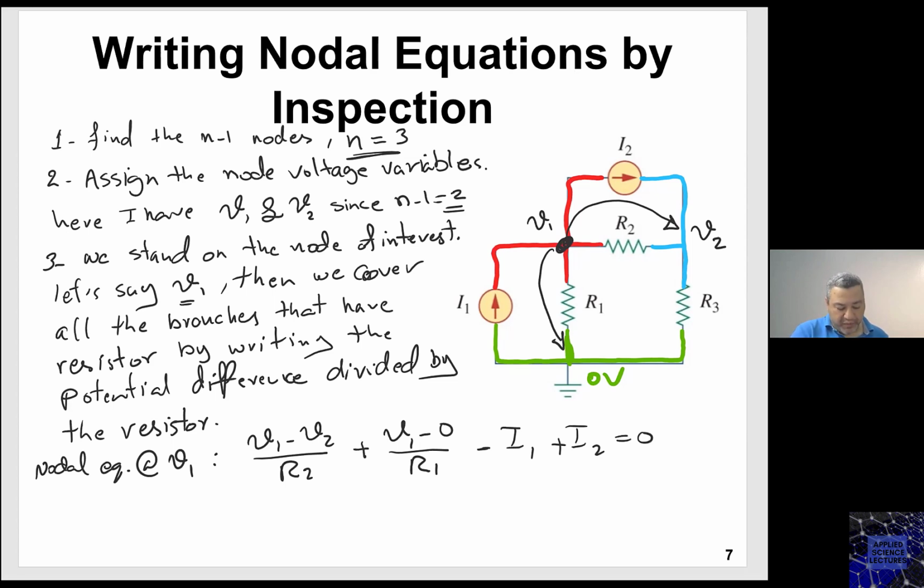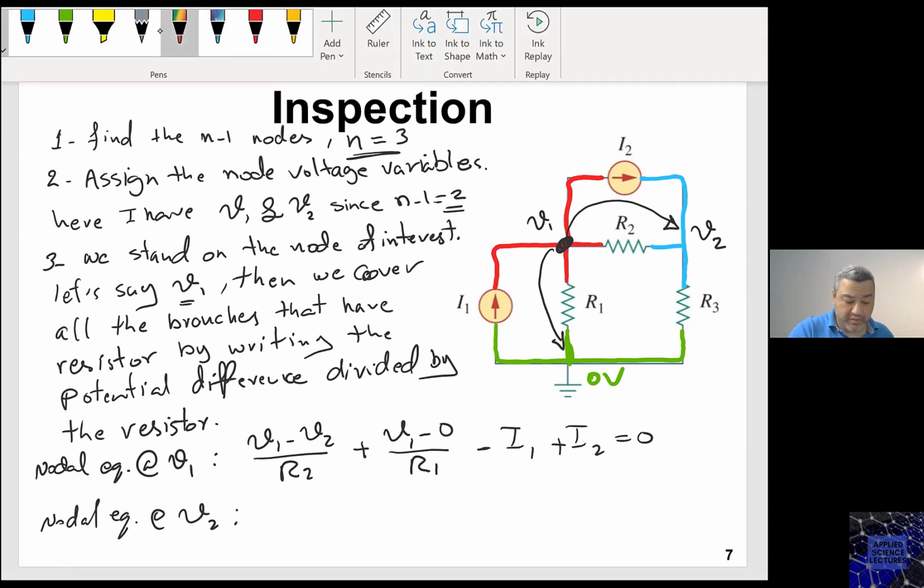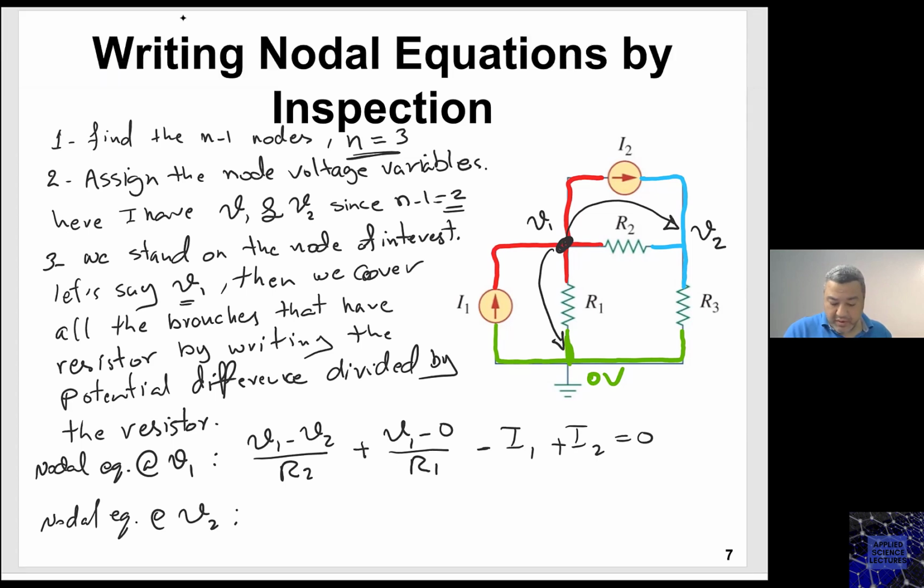Now let's do the same for the second nodal equation. Now this time we will be standing on V2. I'll make this one in a different color. Now I am here standing on V2, and I will be covering all the branches that have resistors. I'm starting with the one that I'm standing on.